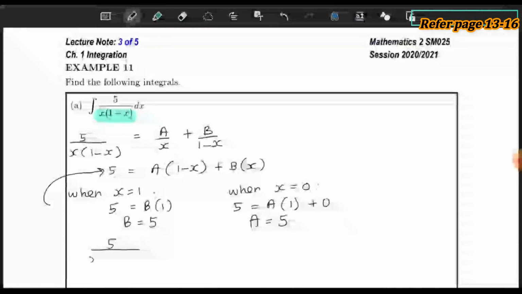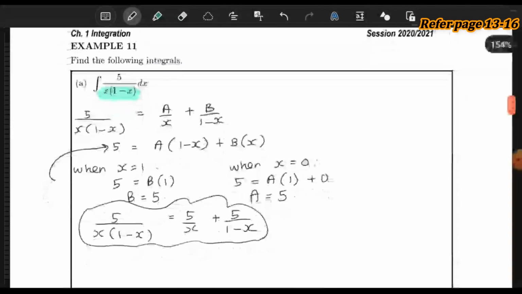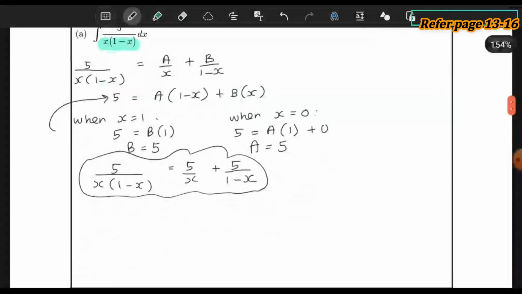So, 5 over x 1 minus x equal to, we replace a equal to 5 and b equal to 5 into the partial fraction. So, we have 5 over x plus 5 over 1 minus x. So, this is the answer for the partial fraction.